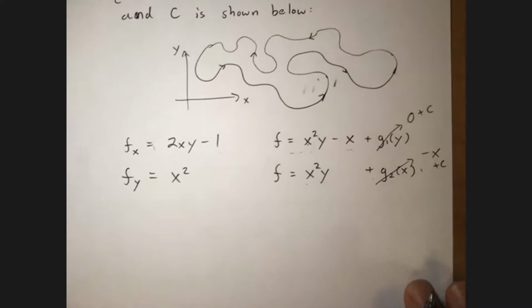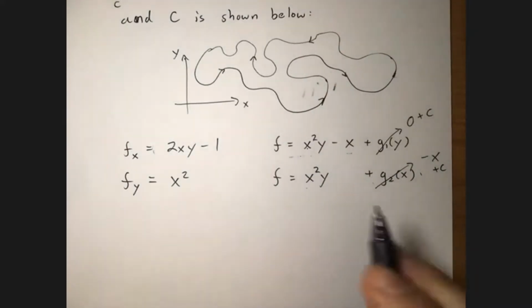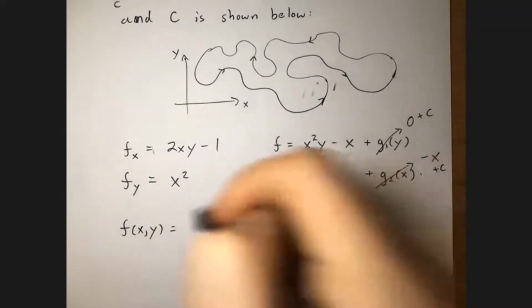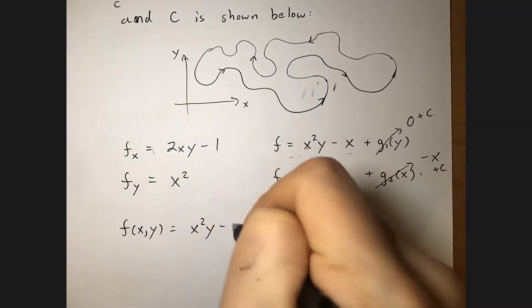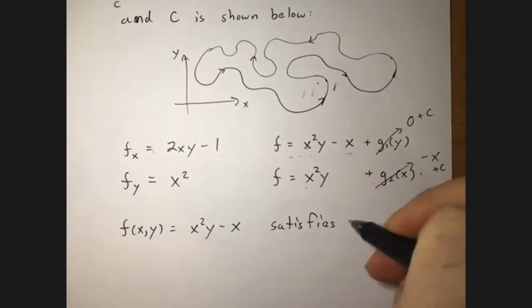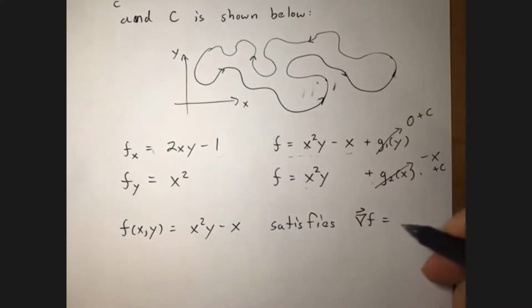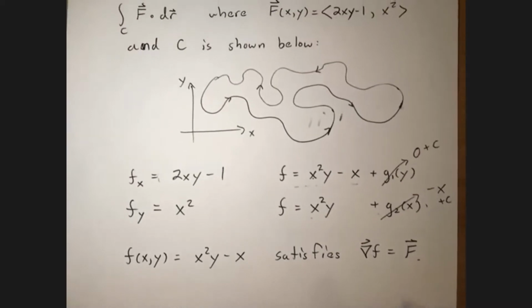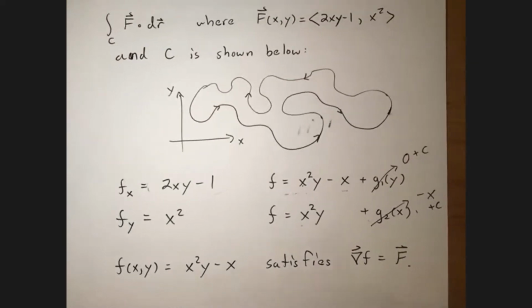So we found this function, x squared y minus x, satisfies gradient of f equals capital F. Now, why does that allow us to solve this problem, even though I have no idea what curve that is?